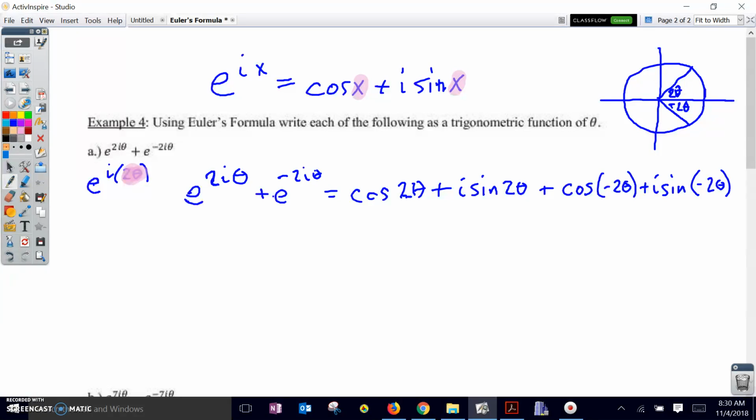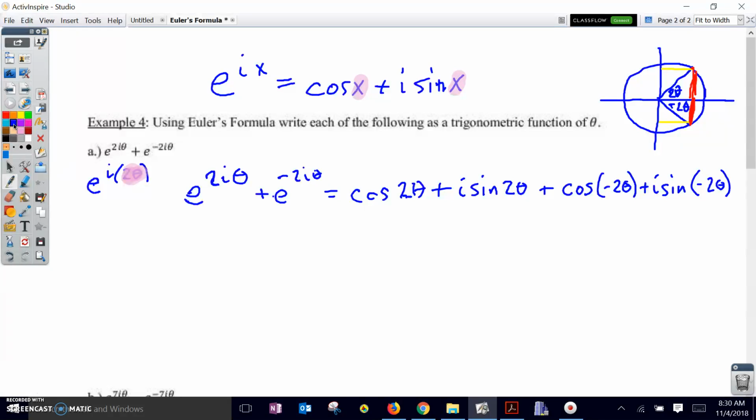The cosine of negative 2 theta is the same as the cosine of 2 theta because it's this horizontal distance in both of those, and those are identical. Whereas the sine of 2 theta and the sine of negative 2 theta, they're opposites of one another.